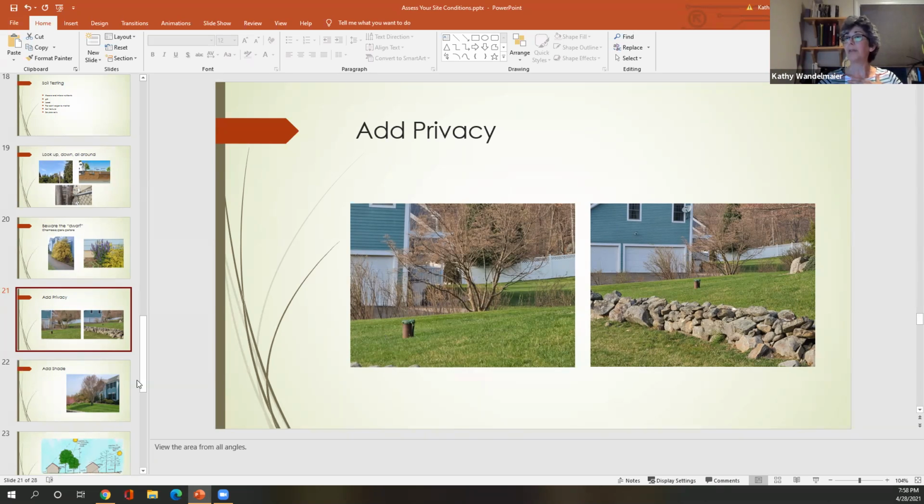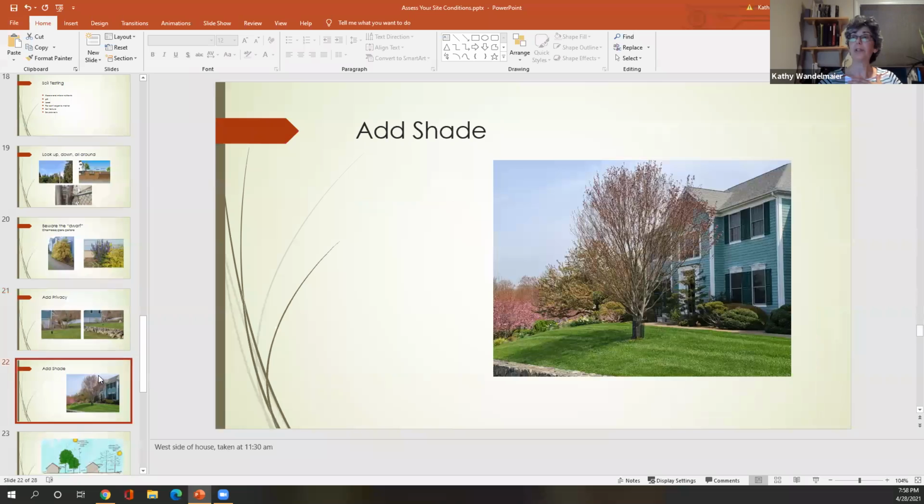Another thing you may want to consider when planting your trees and shrubs is what kind of shade the tree or shrub is going to cast. So this is a copperleaf beech, and my house faces west, which tends to be very hot in the summer. So it's taken a few years, but it's finally now starting to cast some decent shade.